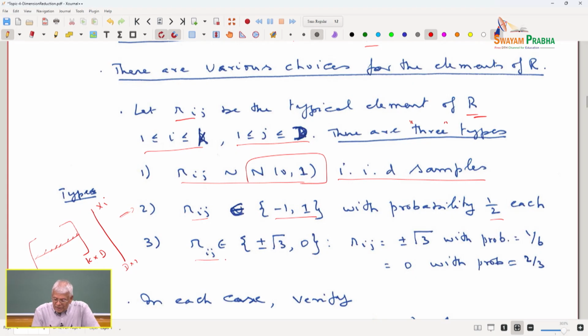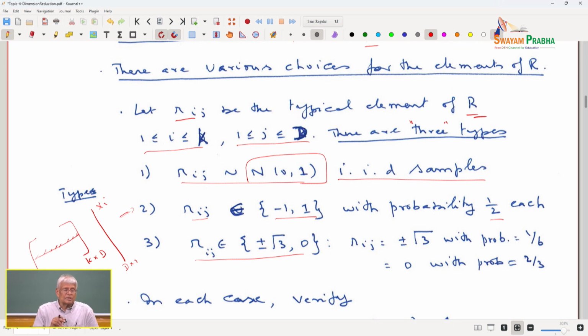Then there is a third choice. I can choose the matrix R to be sparse. Now, I want you to look at dense versus sparse. A matrix is said to be dense if the total number of elements is proportional to the square of the size of the matrix.